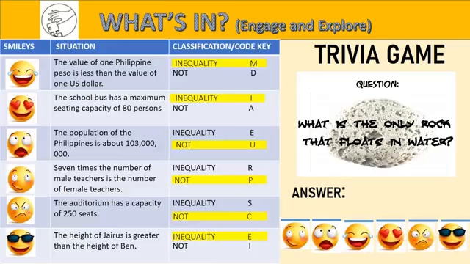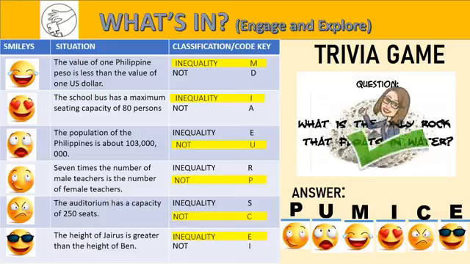So now can you answer another trivia question? Okay, let's have the first letter. Yes, it's letter P. The next one is U, M, I, C, and the last one is letter E. So the only rock that floats in the water is pumice.